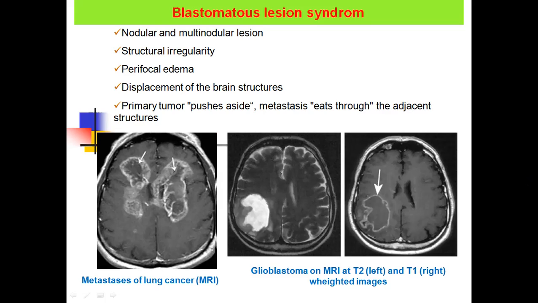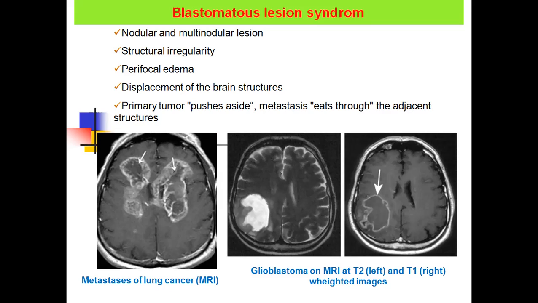Here on the pictures are examples of metastatic lesion in the brain. It's metastasis from lung cancer and total destruction of areas of brain where this metastasis developed, and on the contrary, a primary tumor of brain.